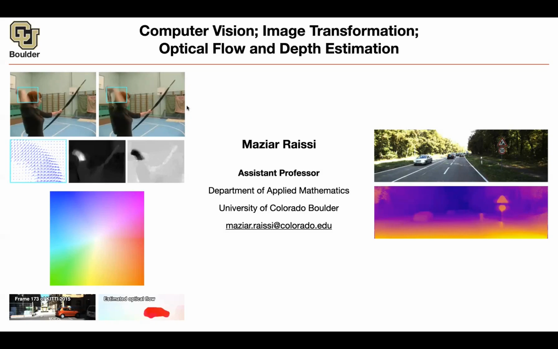But last session, there was a question about the color map and how do you actually use it to visualize 2D vectors. So first of all, what is optical flow about? Two images, two consecutive frames of a video are going to go in. Let's focus on the right arm of this person.